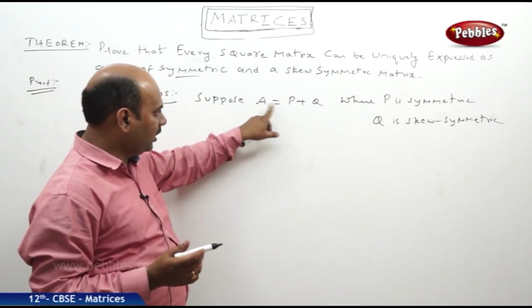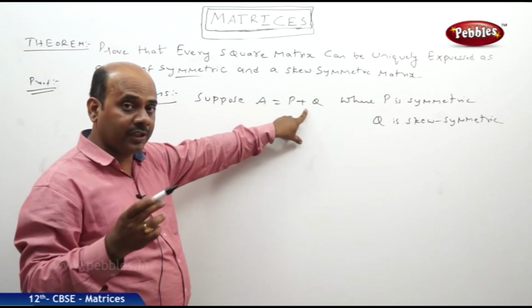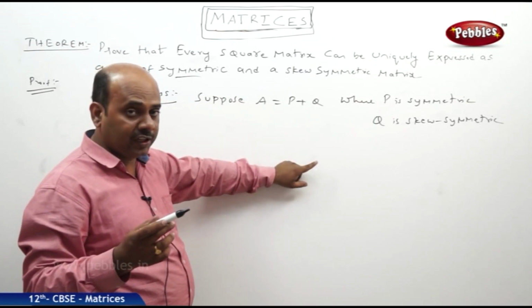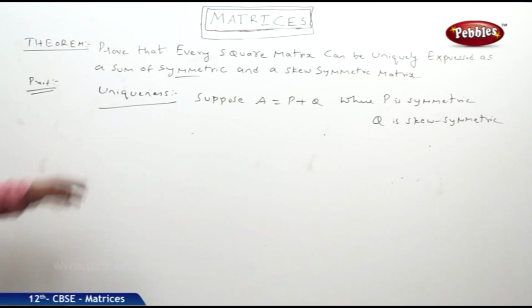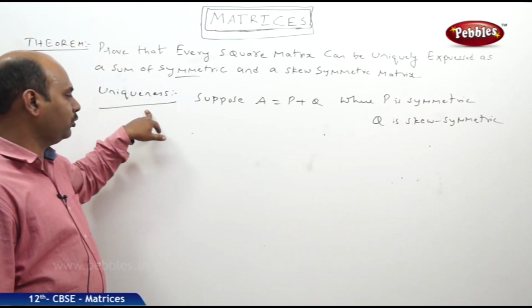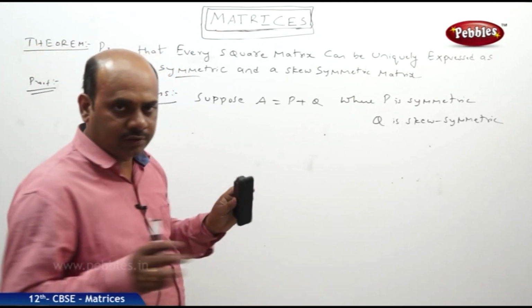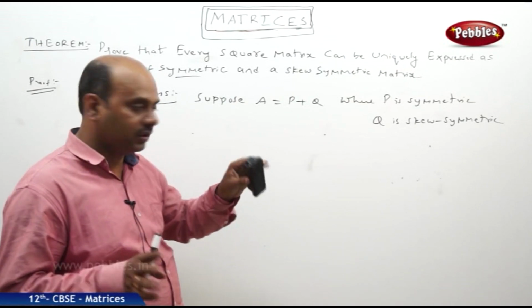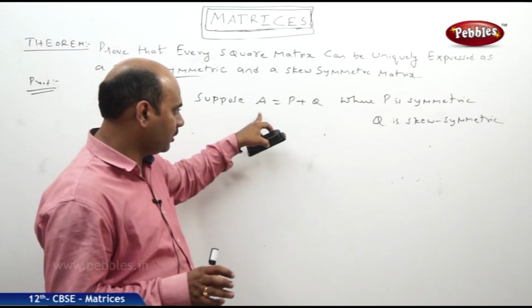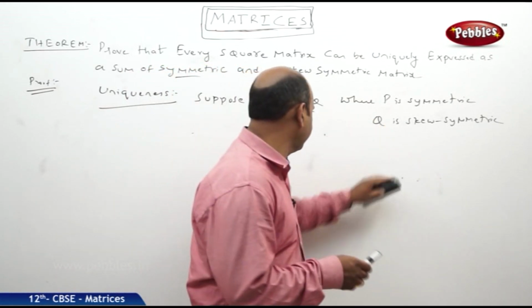That means I am assuming A is equal to P plus Q, but earlier I assumed A is equal to B plus C. Finally, I need to prove P plus Q is equal to B plus C is equal to A. Earlier we assumed A is equal to B plus C, where B is symmetric and C is skew symmetric. I need to show uniqueness. So I am assuming A is equal to P plus Q, where P is symmetric and Q is skew symmetric.